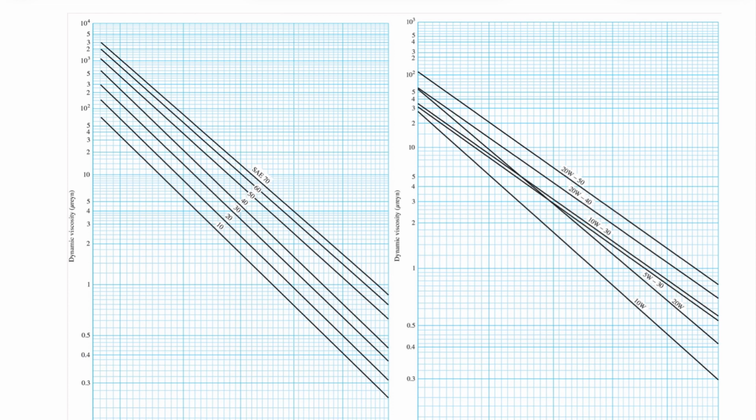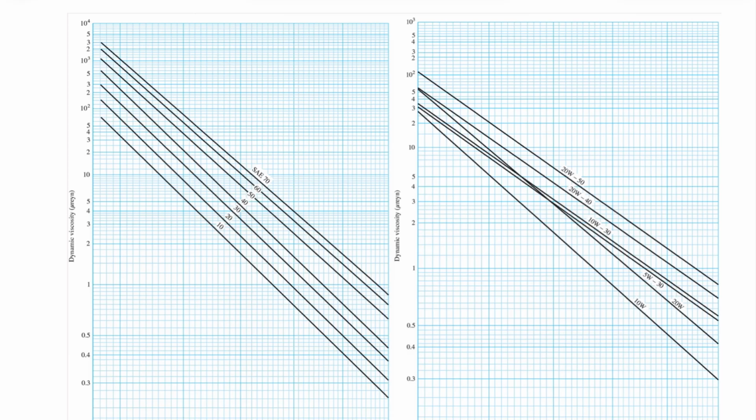We can also do it in the opposite direction. If we're given a certain grade of lubricant and a temperature, we can work out what the dynamic viscosity of that lubricant is to solve any problem that you might be given.